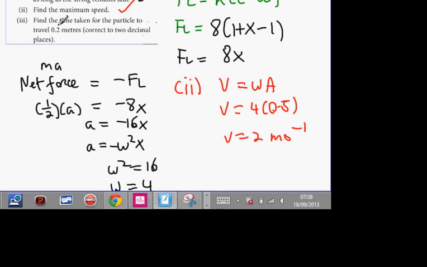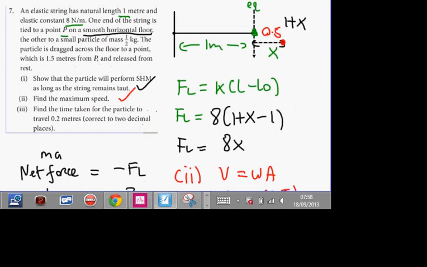Maximum speed is done. Find the time taken for the particle to travel 0.2 meters. You just want to travel 0.2 meters. So your starting position is here, I'll do it in purple. You start off here, and all you want to do is travel 0.2 meters to the left. What does that mean your displacement from equilibrium is? 0.3.